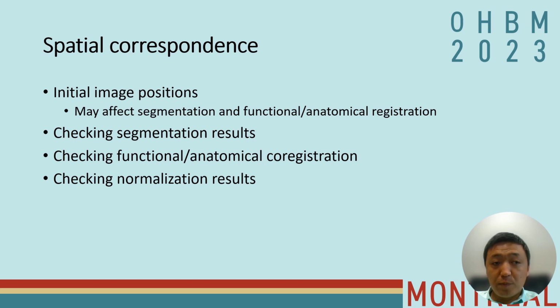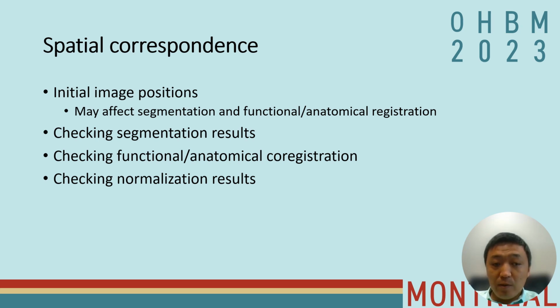Checking the spatial correspondence between brain images needs to be performed at each step of the spatial preprocessing. Before any of the preprocessing, we need to check whether an individual's functional or anatomical image is roughly aligned with the template in MNI space.